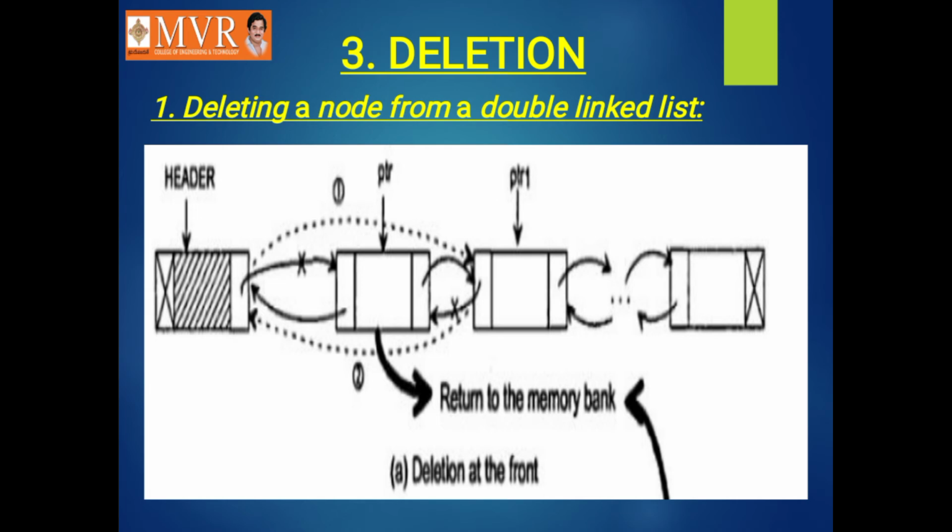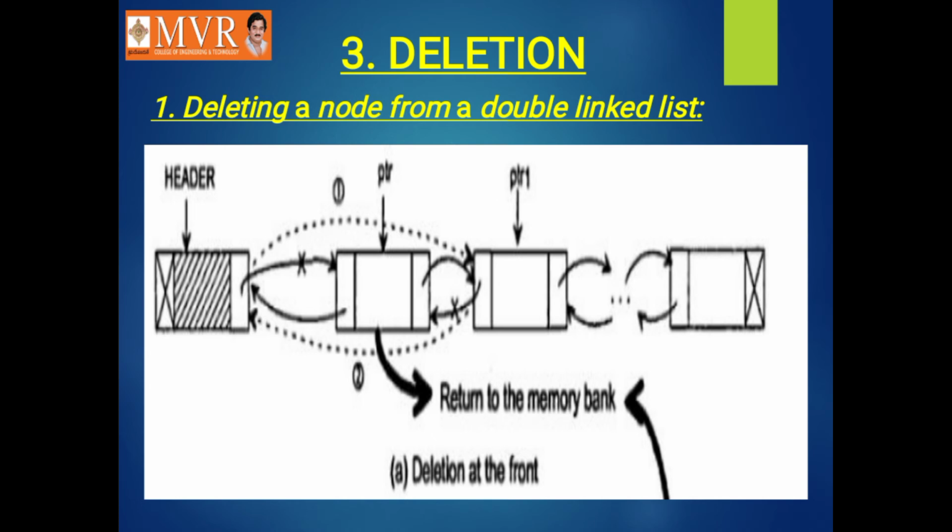The node after the header node will be deleted. Next one is deletion at the end, that is removing the last node in the double linked list. And the next case is deleting a node from any position in the double linked list. First, we start with deleting a node from a double linked list at the front.